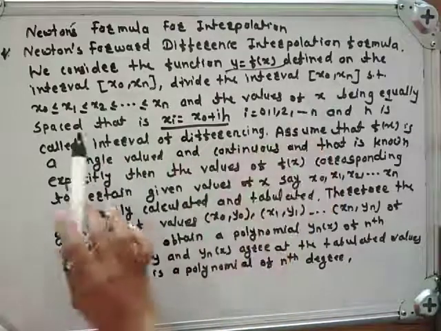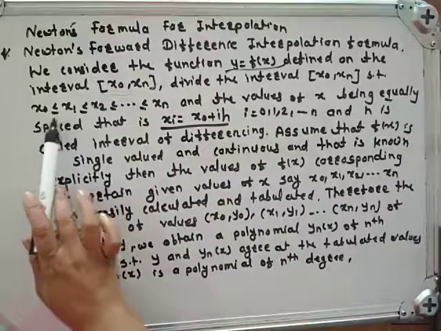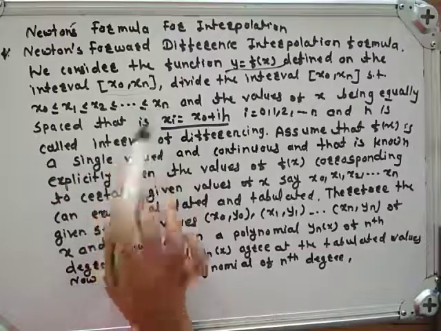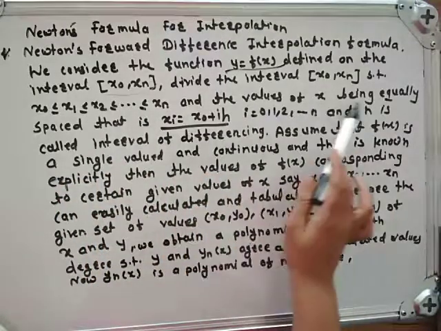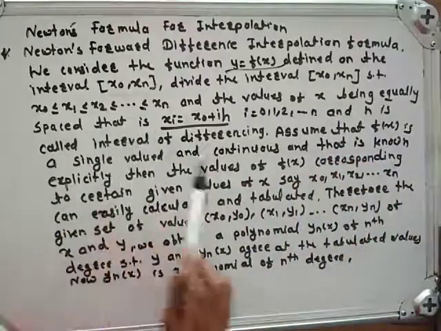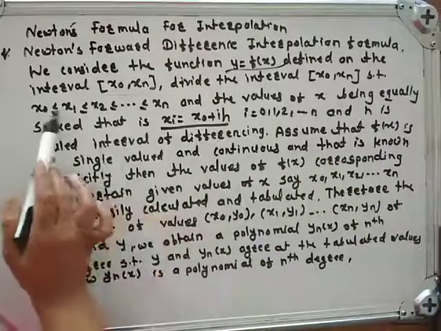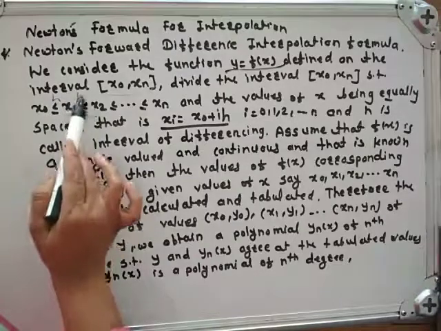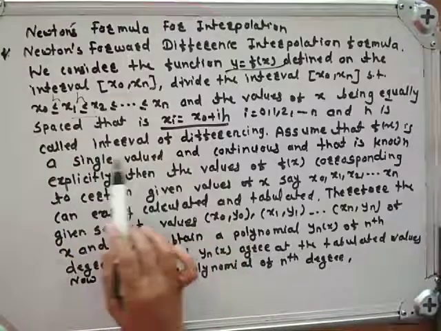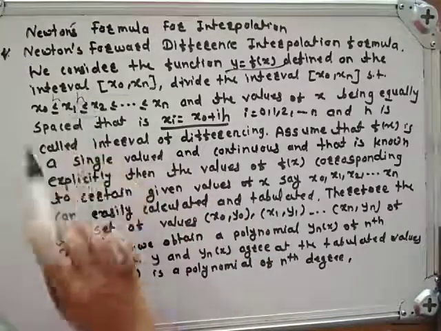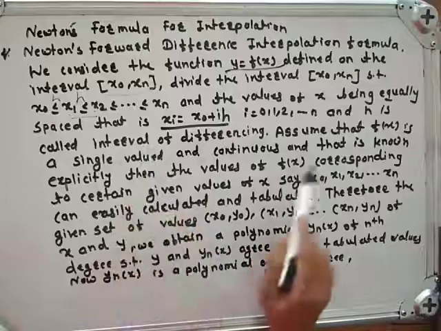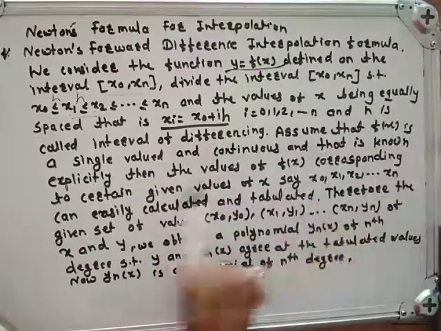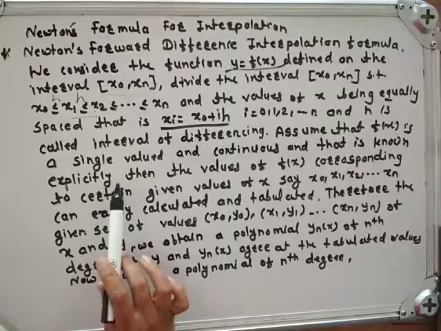Divide this interval such that x0 is less than or equal to x1, less than or equal to x2, and so on up to xn, and the values of x being equally spaced, meaning the difference between x0 and x1 is h, the difference between x1 and x2 is h. This h is called the interval of differencing. Assume that f of x is single valued and continuous, and known explicitly.